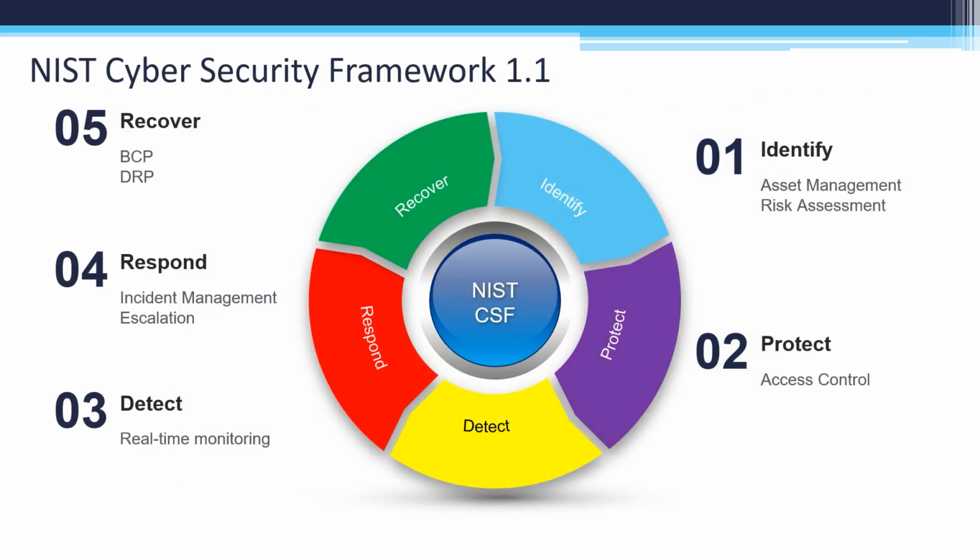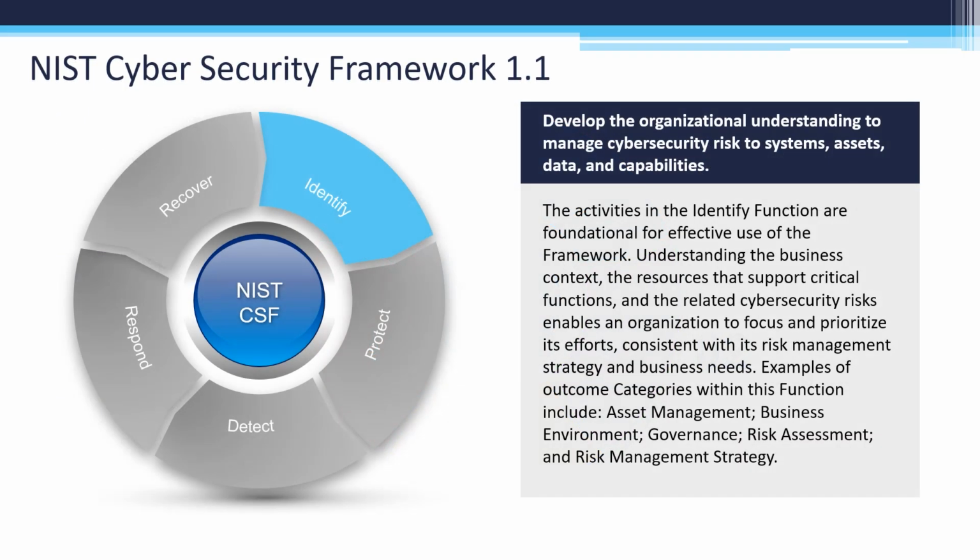Now, when we actually look at the cybersecurity framework, as I said, there are 5 different functions here: identify, protect, detect, respond, and recover. And each one of these, when we look at it, for example, identification. If we look at identify, this is where we develop the organizational understanding to manage cybersecurity risks to systems, assets, data, and capabilities. The activities in the identify function are foundational for effective use of the framework.